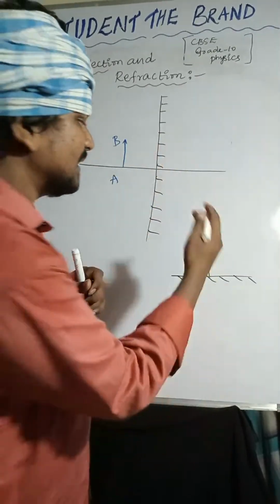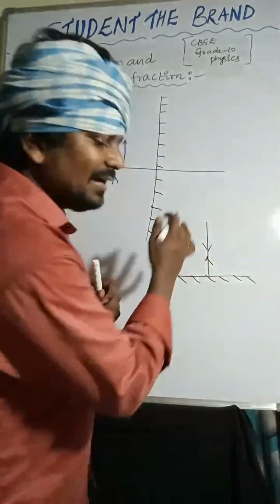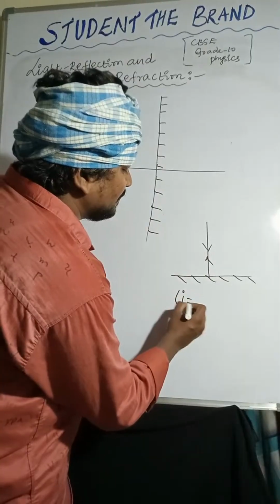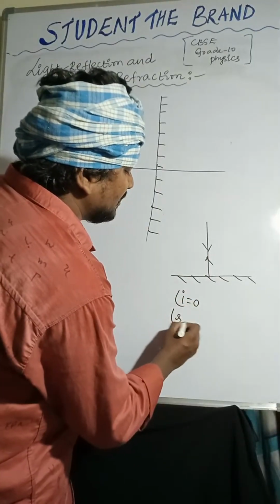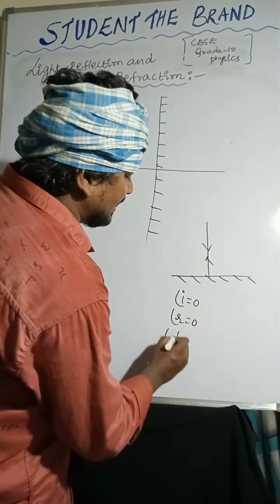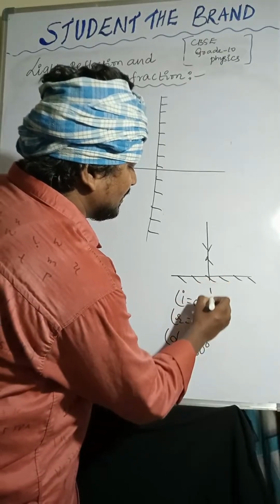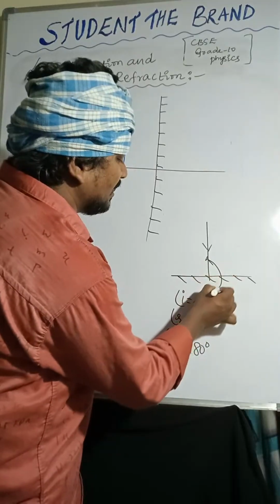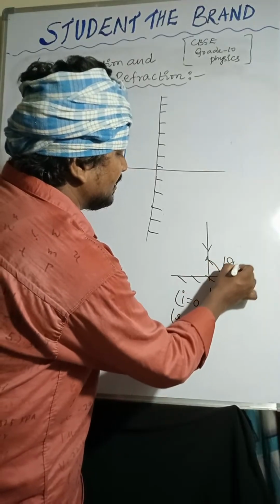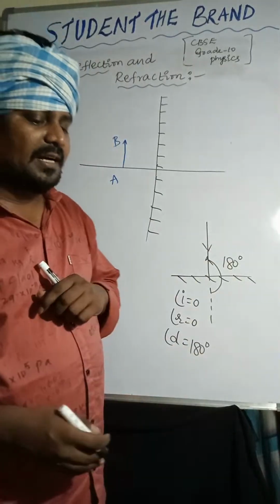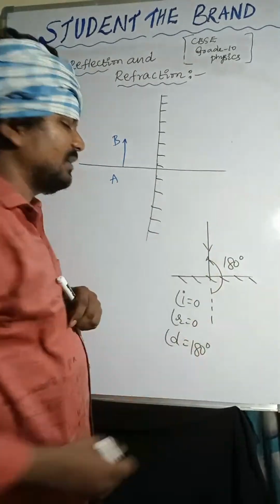In that case, the angle of incidence is 0, the angle of reflection is 0, and the angle of deviation is 180 degrees. This angle is the angle between the reflected ray and the undeviated line.